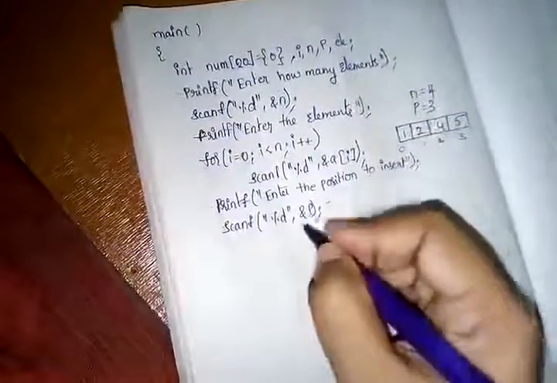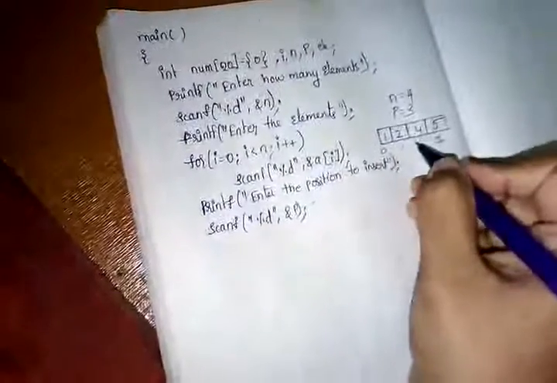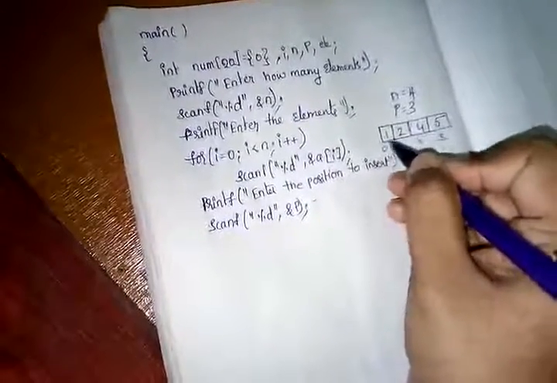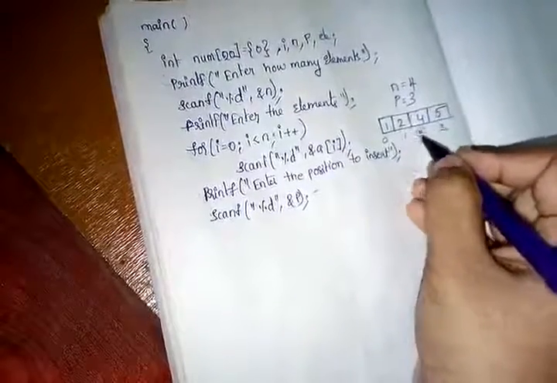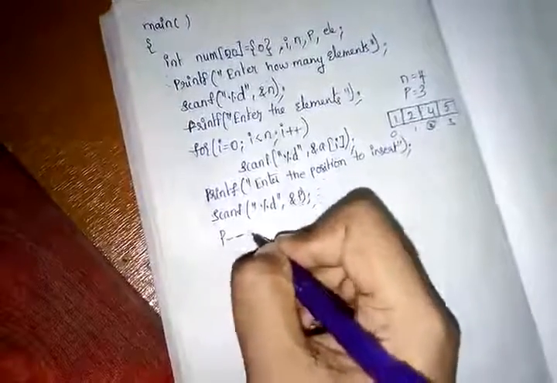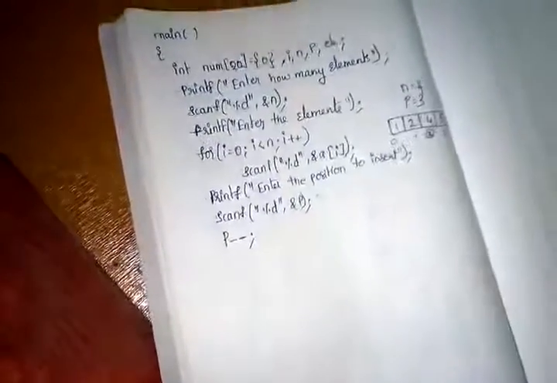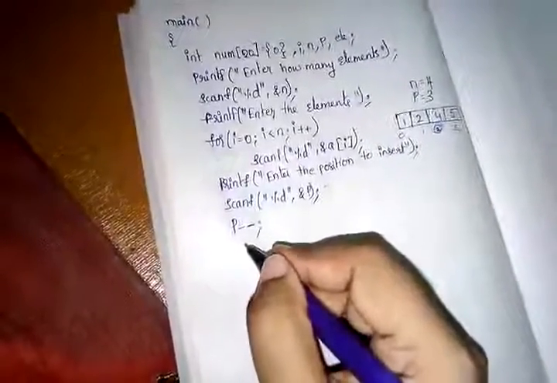So now p will have the value 3, but if we want to insert the third value, our index should match with 2. So p--, I am decrementing it by 1. So now the p value will become 2.